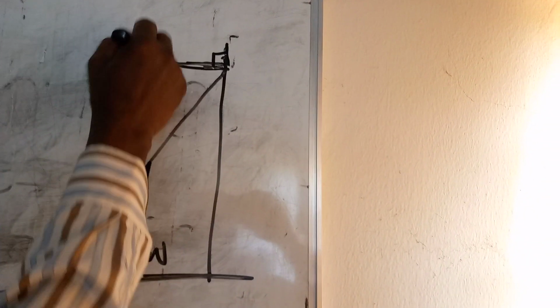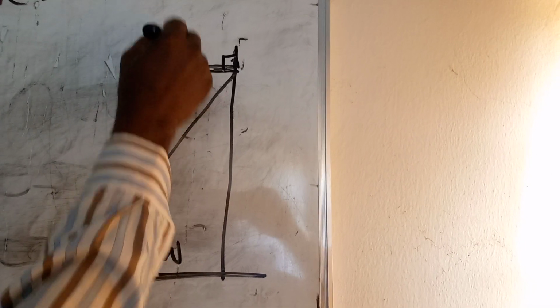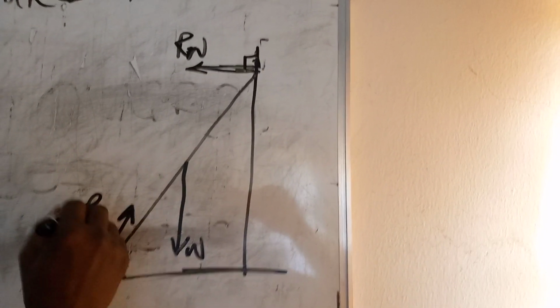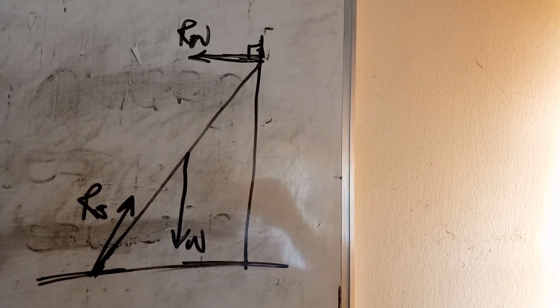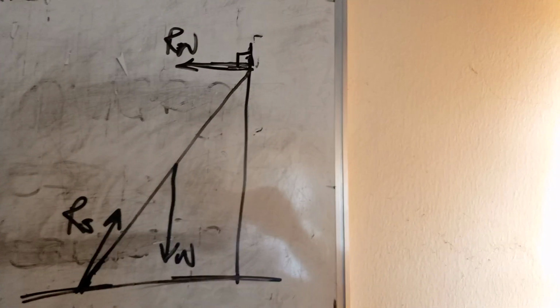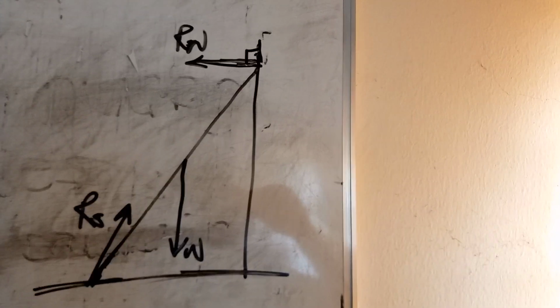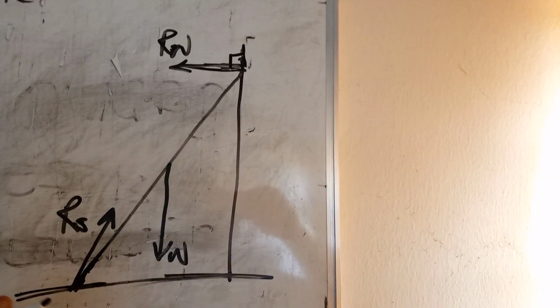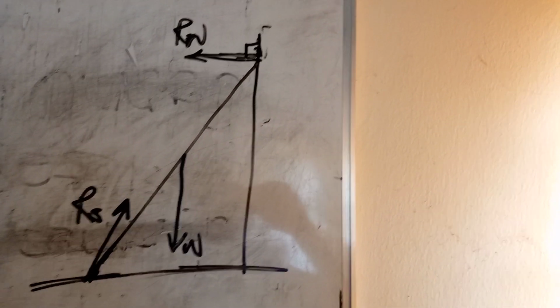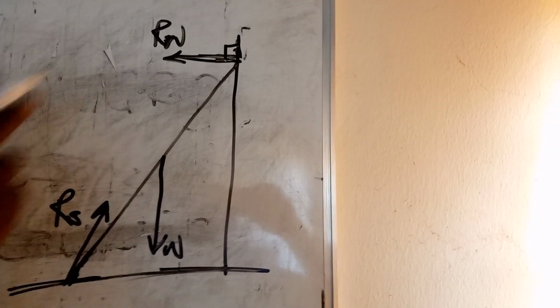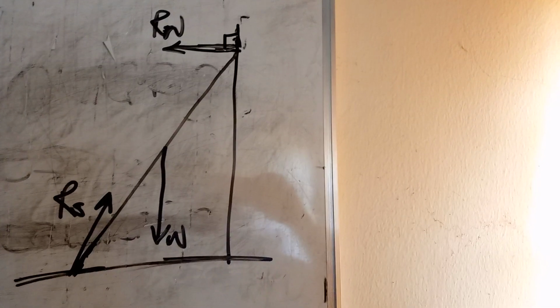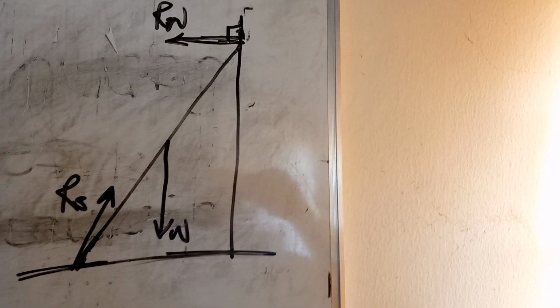So there is the reaction from the wall, the reaction from the ground, and then the weight of the ladder. So there are 3 features here that we're going to deal with. The weight of the ladder is likely to be known, but we can get the reaction from the wall and also the reaction from the ground.